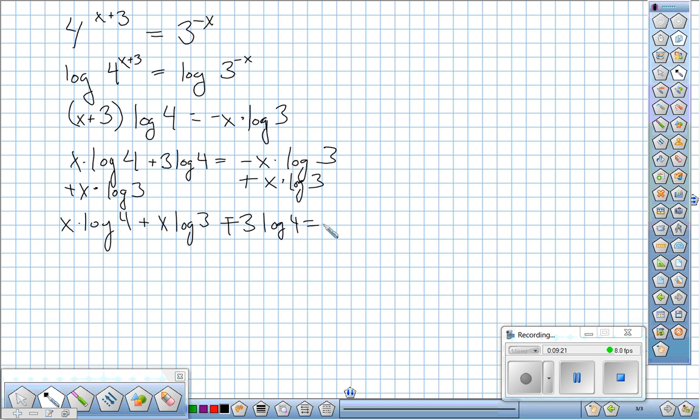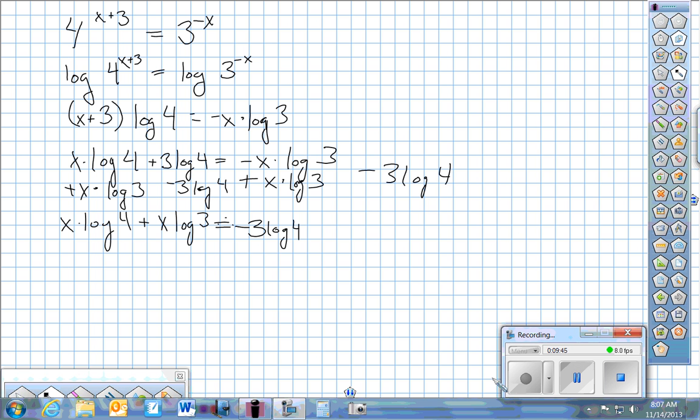I really want to get that over to the other side. So I'll subtract 3 log of 4, minus 3 log of 4. Sorry about that. I'm subtracting it here and here. Okay, and then as soon as I have all my x's on the same side, what I'm going to do is then factor out an x.